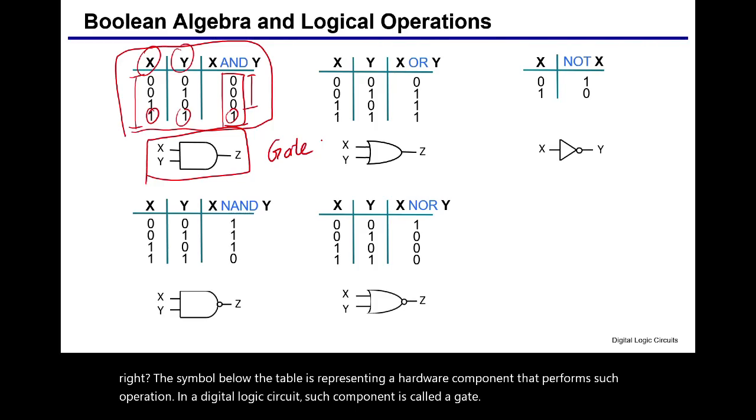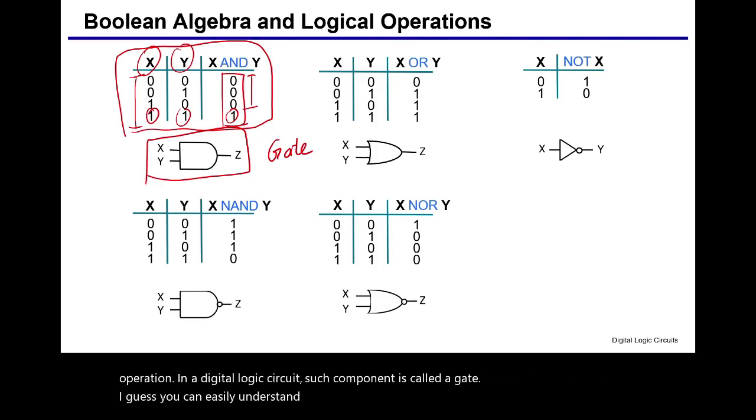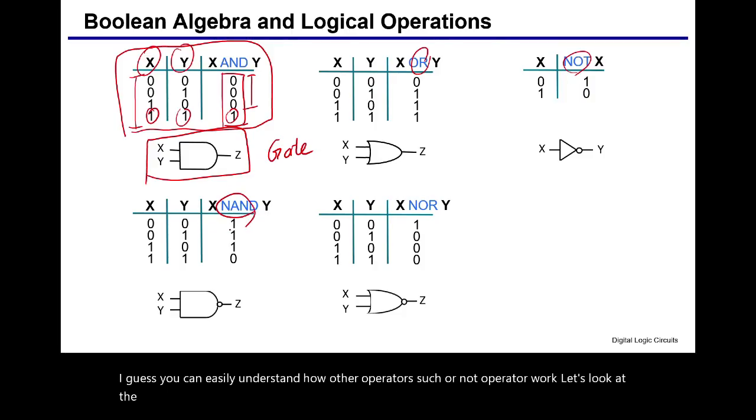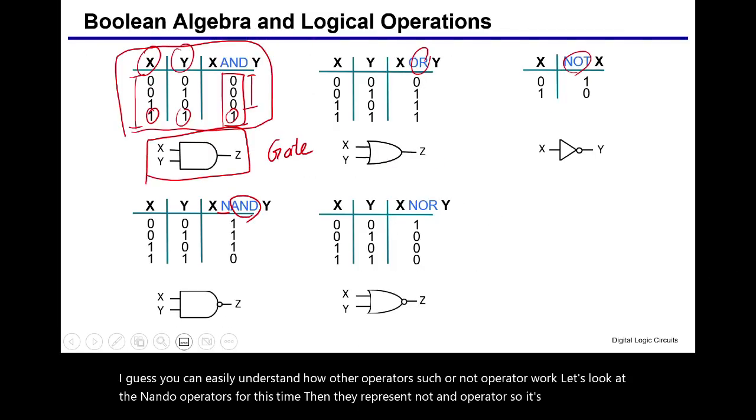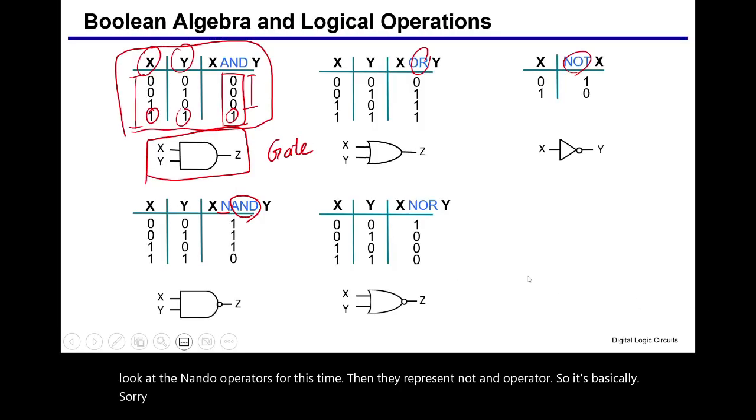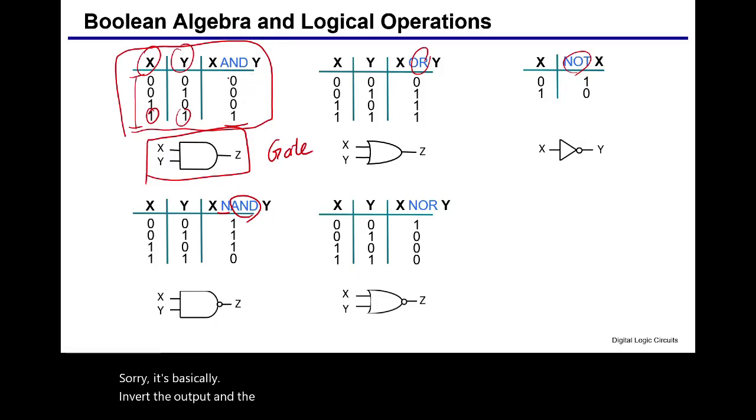I guess you can easily understand how other operators such as OR or NOT operator work. Let's look at the NAND operator this time. NAND represents NOT AND operator. So it basically inverts the output of the AND gate to the opposite value.